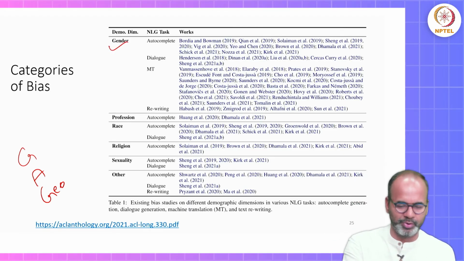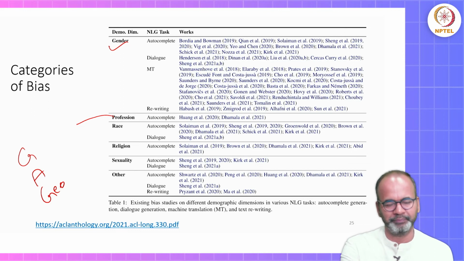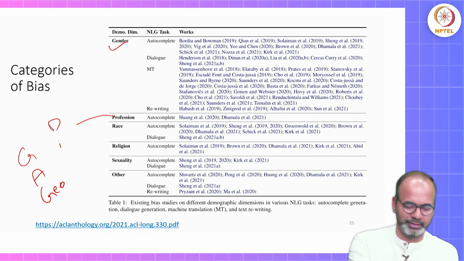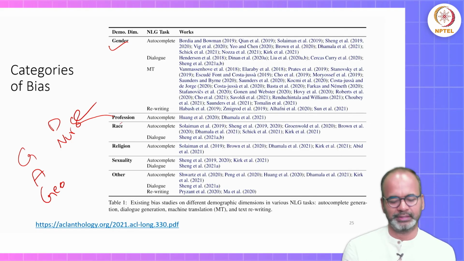Gender, we already spoke. A profession, right? There could be a bias across the profession. So we actually saw this in the translation question also, right? Profession of doctor and nurse. There's some bias there.